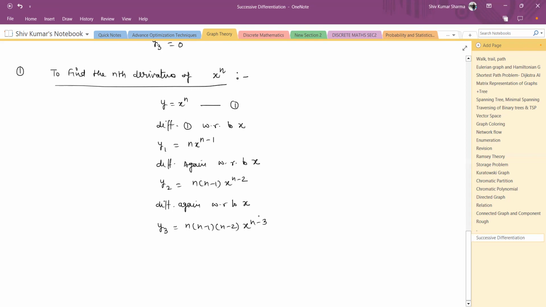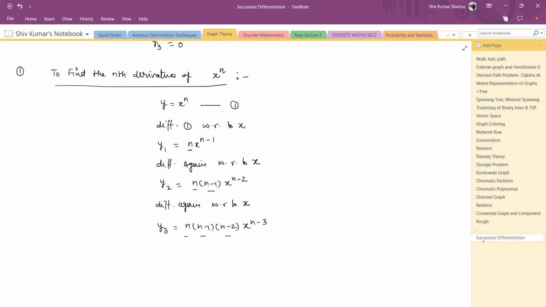We see that when we differentiate one time, we get one term in the coefficient. When we differentiate two times, we get two terms as a coefficient, and the power is decreased by 2. When we differentiate three times, we have three terms in the coefficient, and the power is decreased by 3.